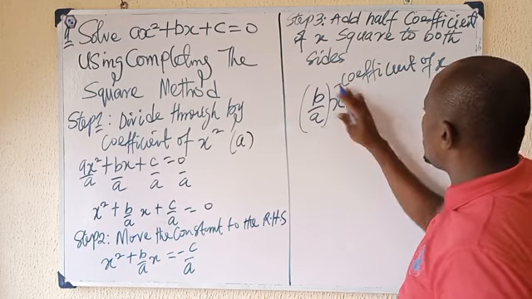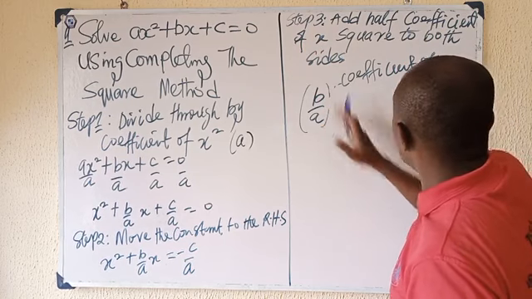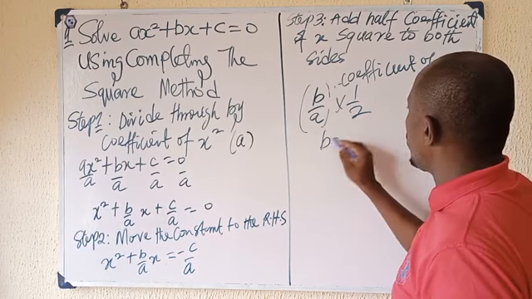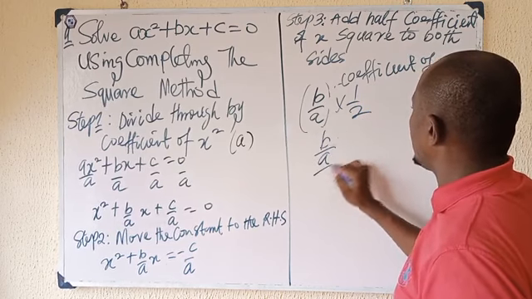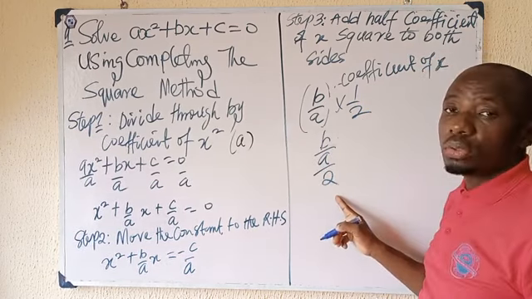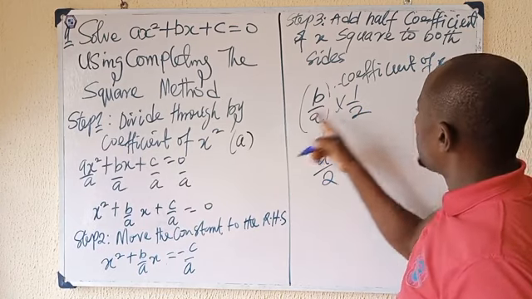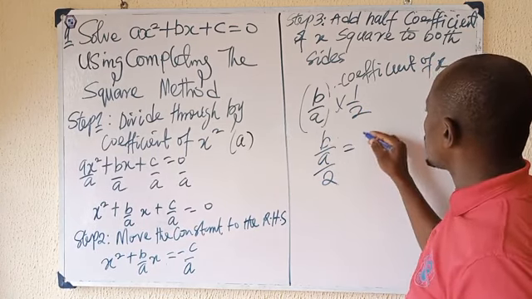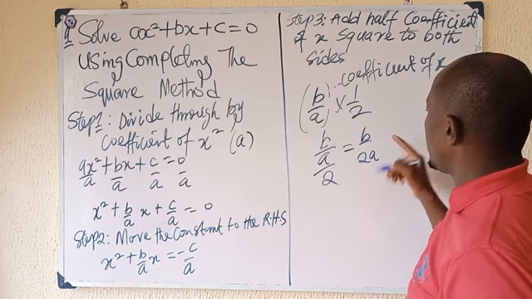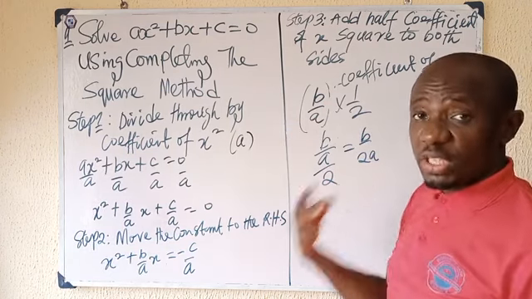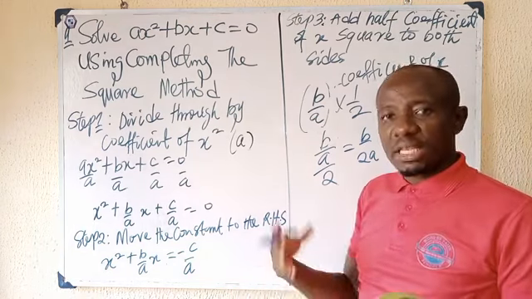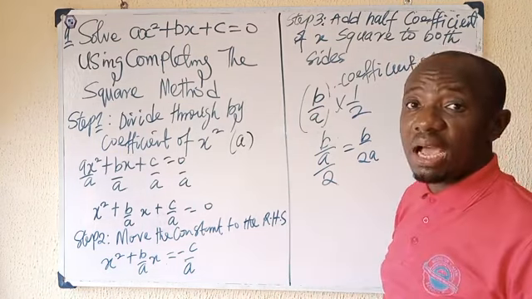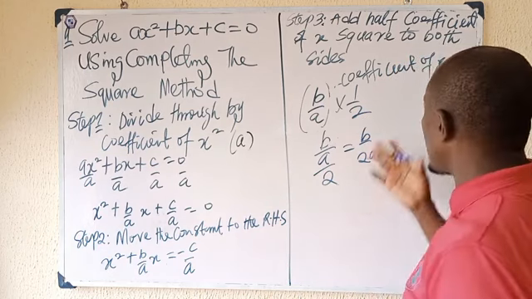Half of it means you multiply by 1 over 2, or you say b over a divided by 2, which is what? b over 2a. That will give you the half. It's either you multiply by half or you divide by 2. So that will give us half.